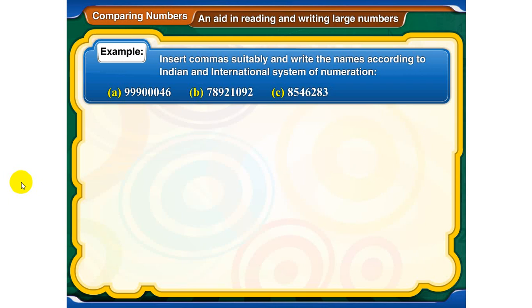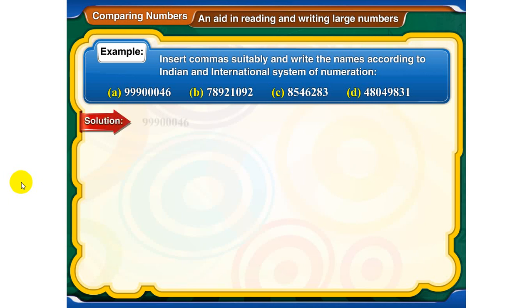C. 85 lakh 46,283. D. 4 crore 80 lakh 49,831.